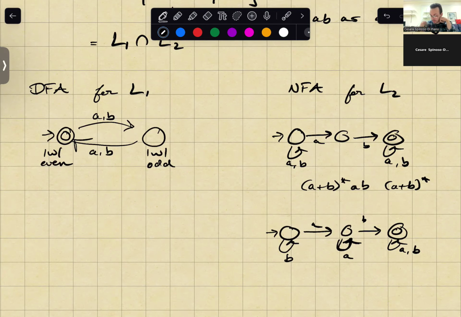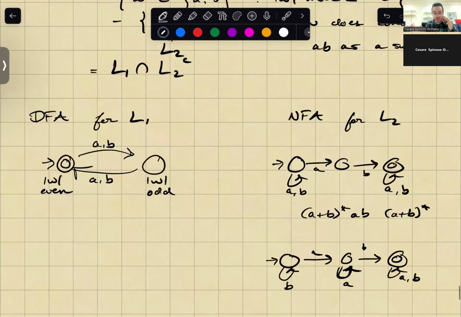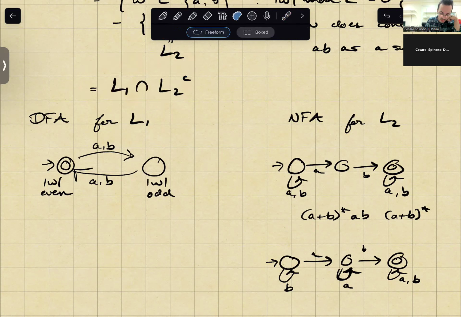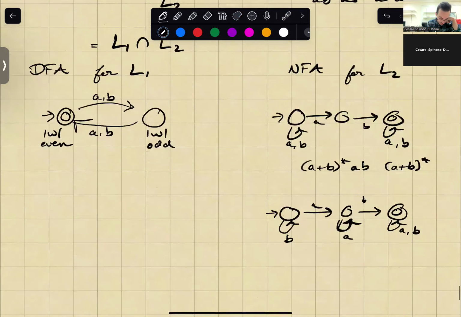which shows that L2 is regular, and so that means that L2 complement is regular, and so L1 intersect L2 complement, which is L, has to be regular by the closure properties.